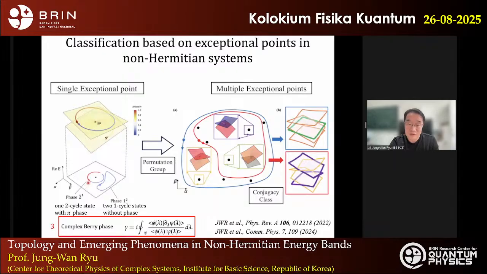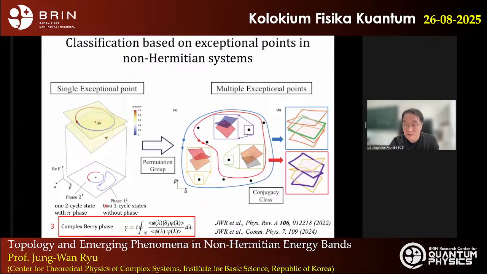It's well known. So in this case, one two-cycle state with pi Berry phase; this bar represents the additional pi Berry phase. However, if we think about this loop, this is two one-cycle states without phase. We cannot obtain the additional phase in this loop.